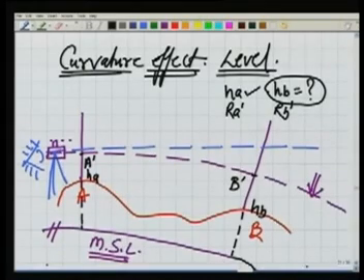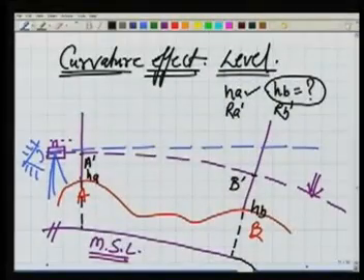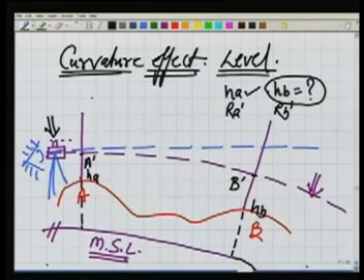I can say, well, I am taking R A dash because my level here is very near to the staff at A. Because if this is my staff, this is my level, I am very near to it. So the horizontal surface at my level is same as the level surface. So there is no difference in the readings here at this point.